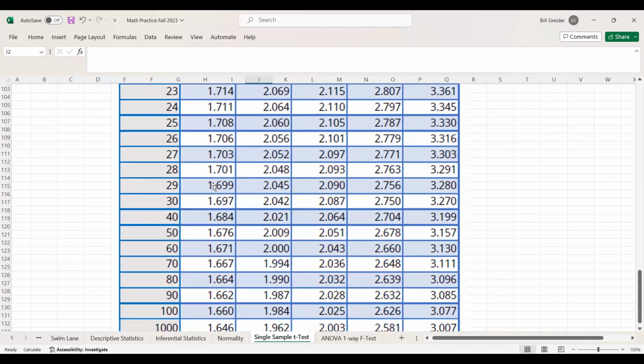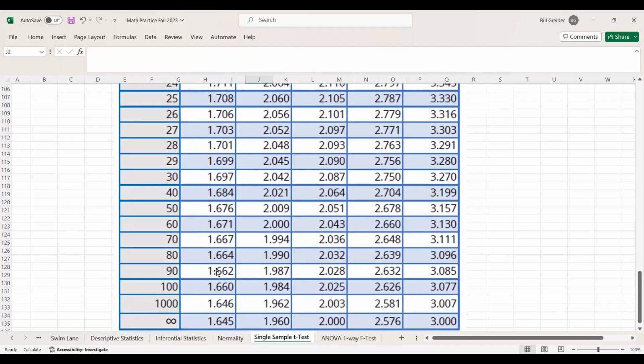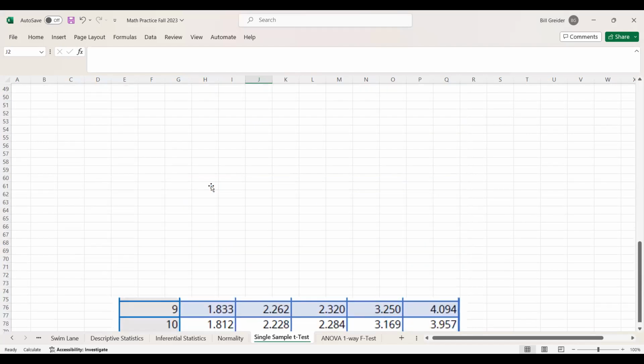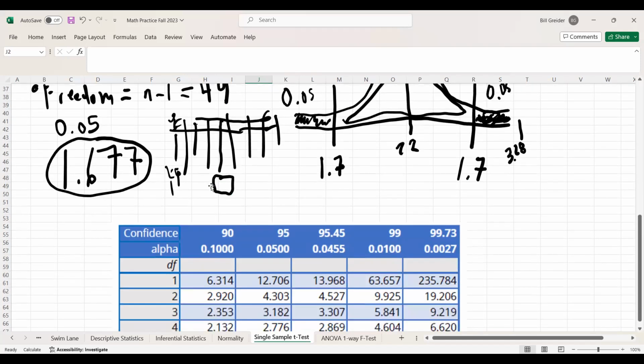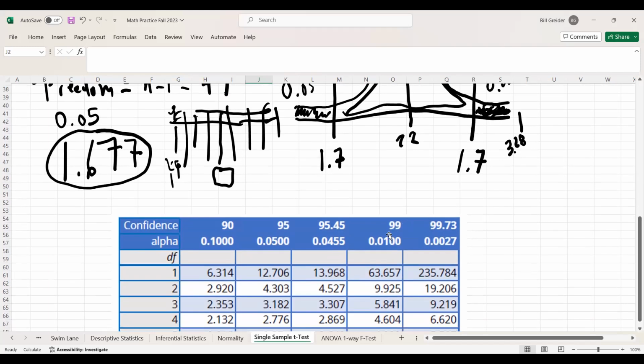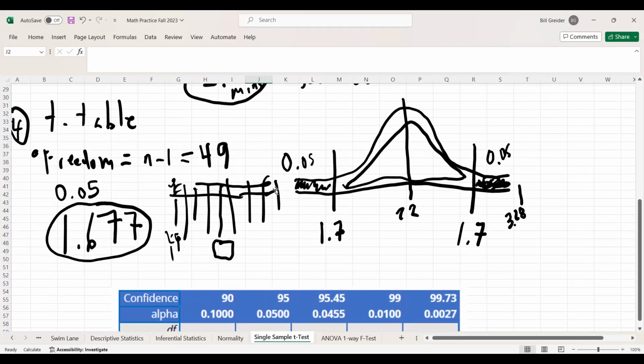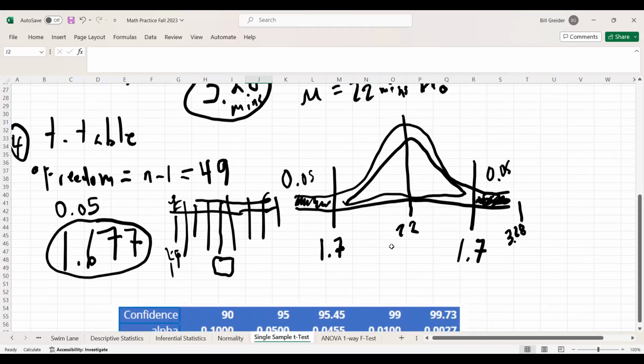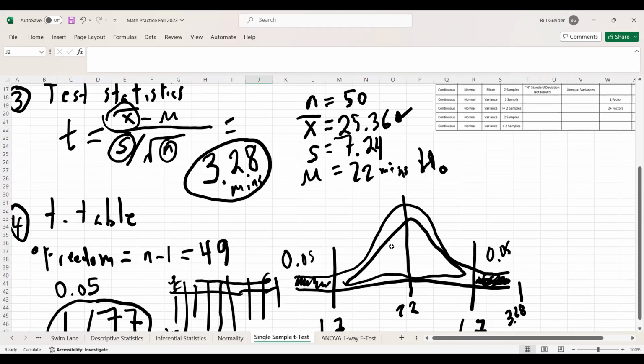Because I'm using the 90% confidence level, that's where I take the number from, 1.676, out of this column. If I wanted to be 99% sure, then I would have gone down the 99 column and got that goalpost. So I set the goalpost up at 1.7. My test statistic is 3.28.